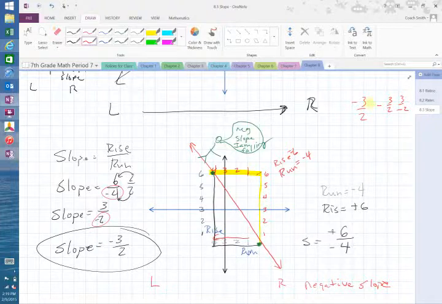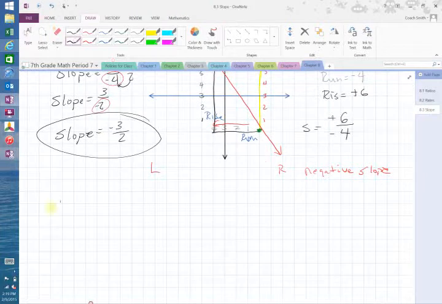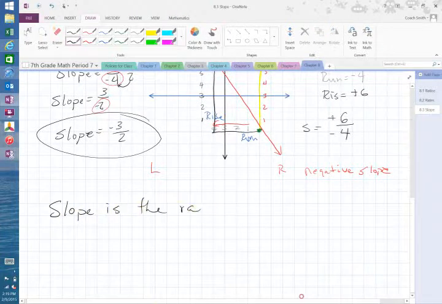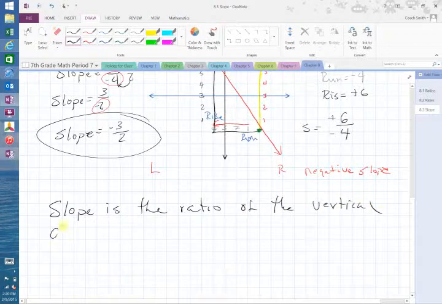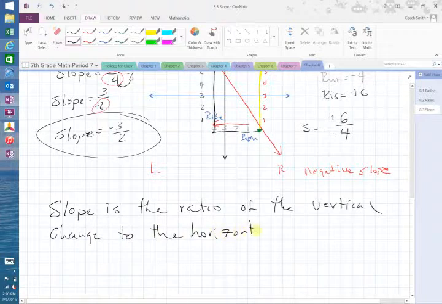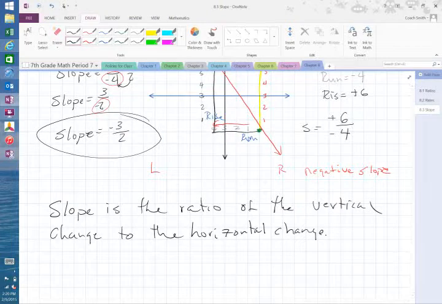Okay? Let me write that down for you. Slope is the ratio of the vertical change to the horizontal change. Okay, slope is the ratio of the vertical change to the horizontal change.